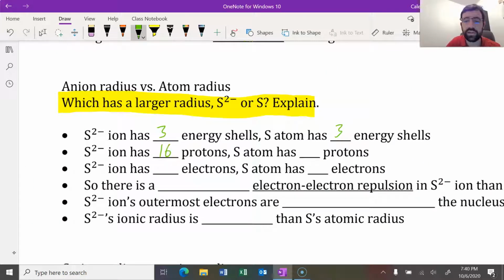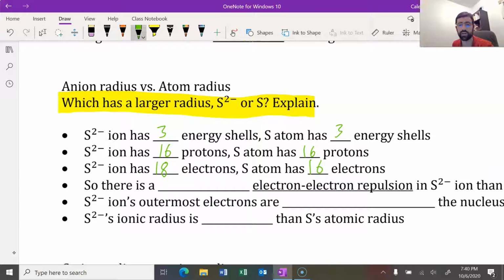And the sulfur atom has 16 protons. They're the same number of protons, so the only thing we can talk about is the number of electrons, because everything else is the same. The sulfide ion has 2 extra electrons. The sulfur atom is going to have the same number of electrons as protons, so that's 16. Sulfide has 2 extra, so it would be 18 electrons.